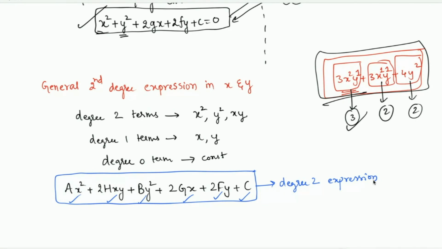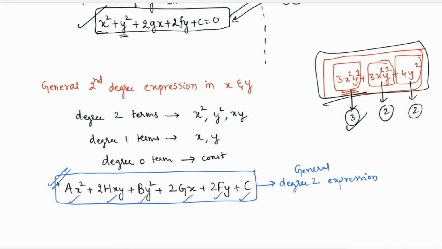It cannot have any other terms, meaning it cannot have an x square y term. That's why it is called a general second degree expression. At most, the terms present are the x square term, y square term, x term, y term, and constant term.